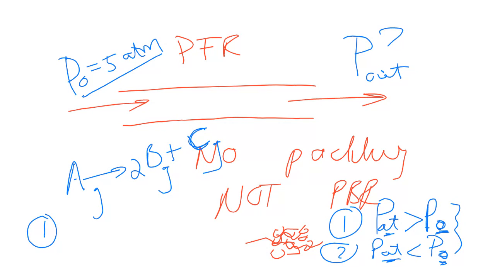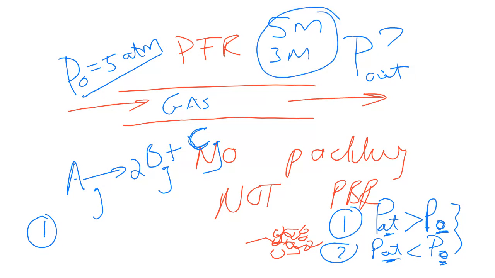This is what is happening in a plug flow reactor with gas in a pipe. Our plug flow reactors will be relatively short pipelines, like 5 meters or 3 meters, compared to a big piping system with hundreds of meters.